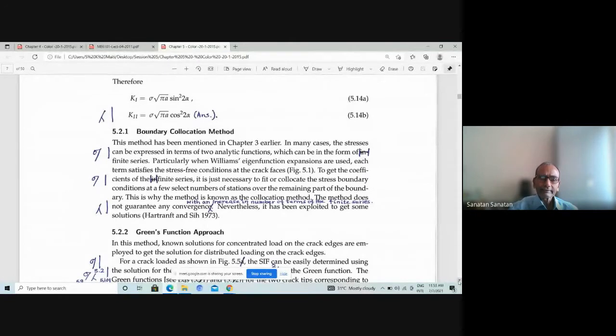Also, having obtained the coefficient of the z to the power minus half term, you are going to be in a position to evaluate the SIF. So this boundary collocation method is a general method for the solution of problems of geometry with complicated boundary and loading.